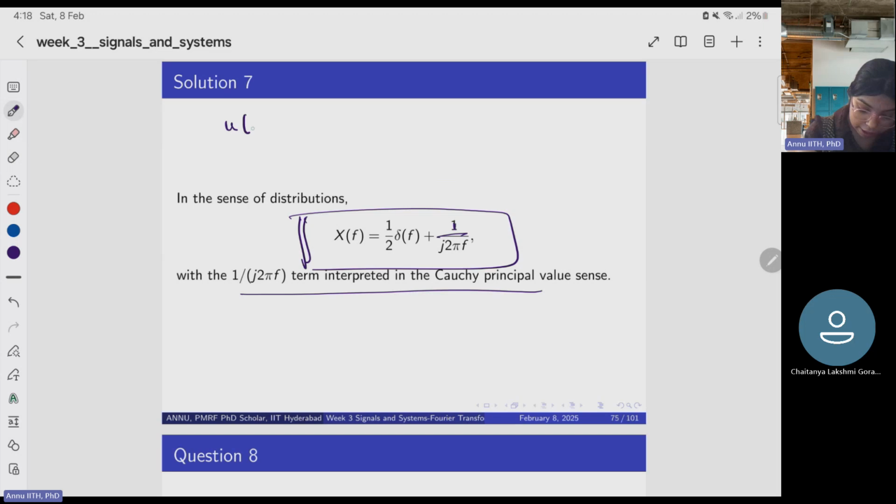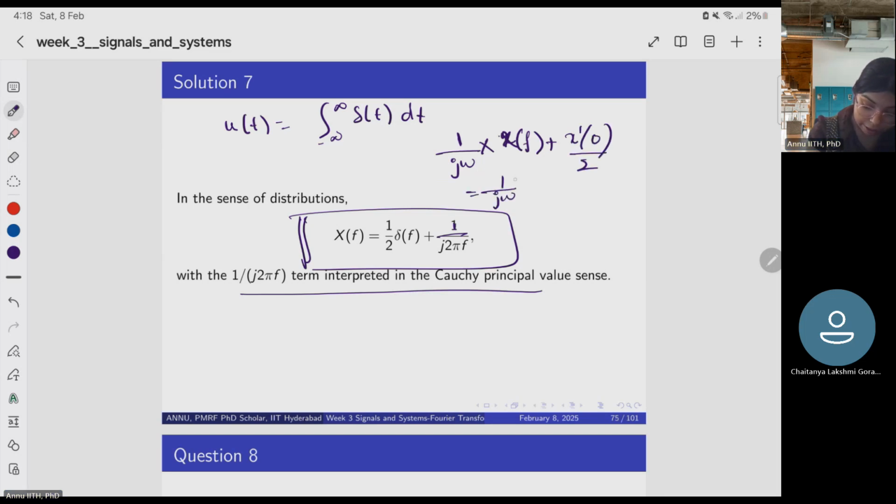Since u(t) is nothing but the integration of delta t, delta t has the Fourier transform of 1. So it is multiplied by j omega into X(f), plus X dash of 0 by 2. So 1 by j omega, this is nothing but plus, and this is 1 only. Delta t has the Fourier transform of 1.